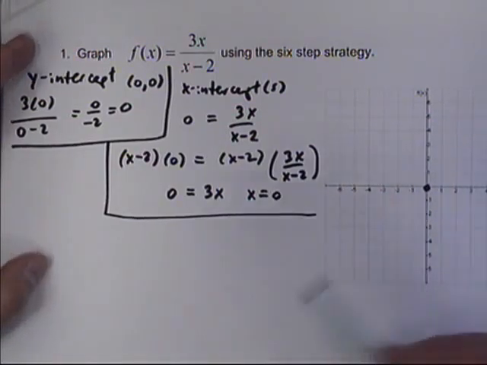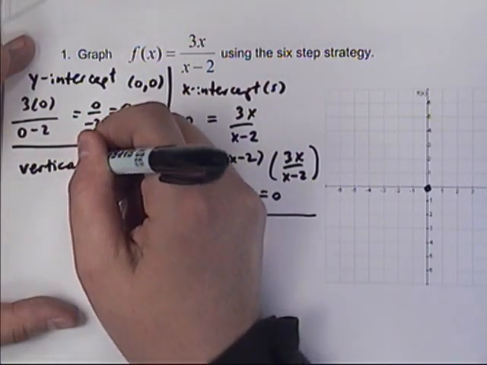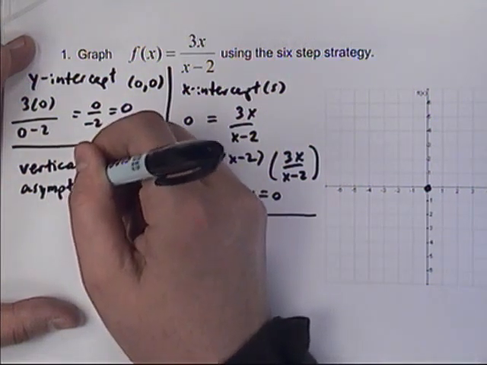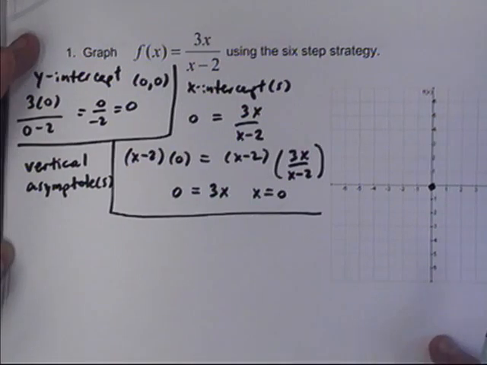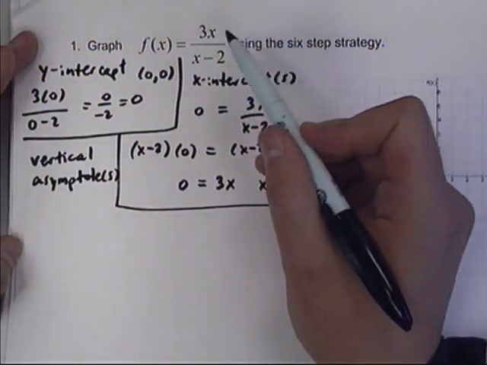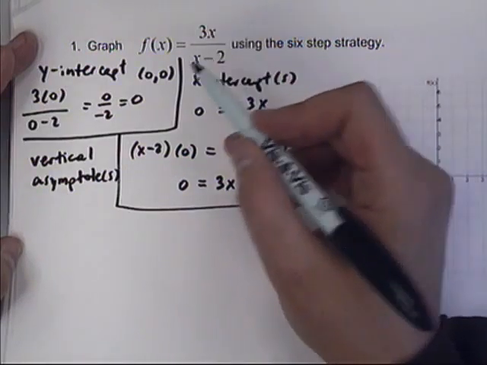Okay, well, the next thing we need to find is any vertical asymptotes. Remember, today sometimes we'll have 2 of these. So 1 or 2. Let's see what we get. Vertical asymptotes come from looking at the denominator and making sure, first of all, that it doesn't cancel with the numerator, because if it does, then it doesn't give you an asymptote, it gives you a hole in the graph. Well, this one does not, so good.